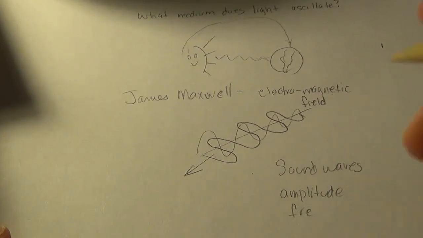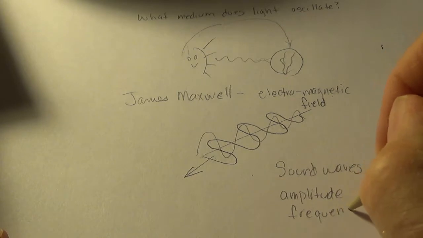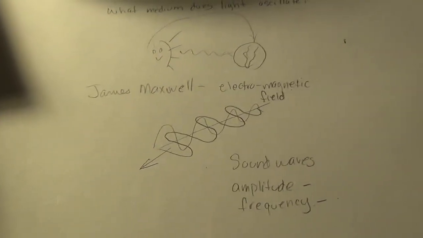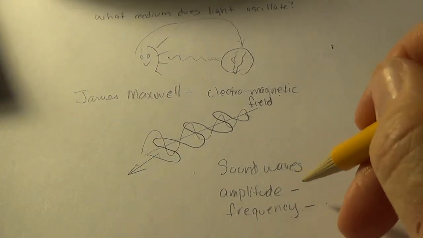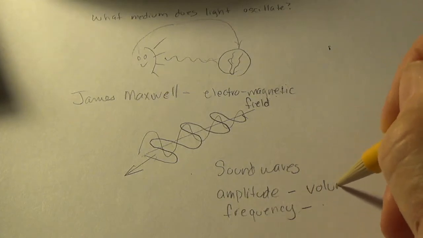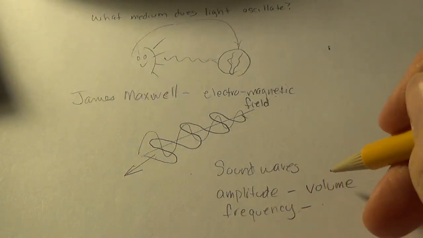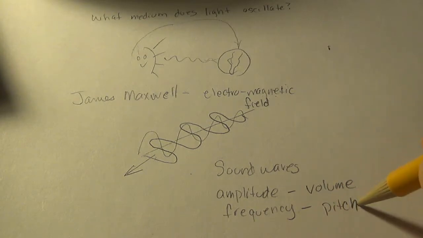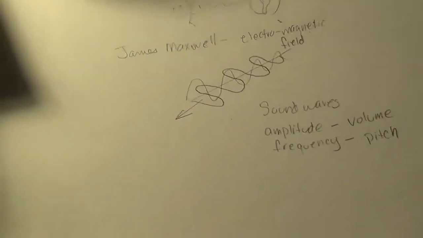So what does each of those dictate? Amplitude determines what about sound, and frequency determines what about sound? If you remember clearly, amplitude was volume and frequency was pitch. All right, we dealt with that a lot when we were dealing with the Doppler effect.